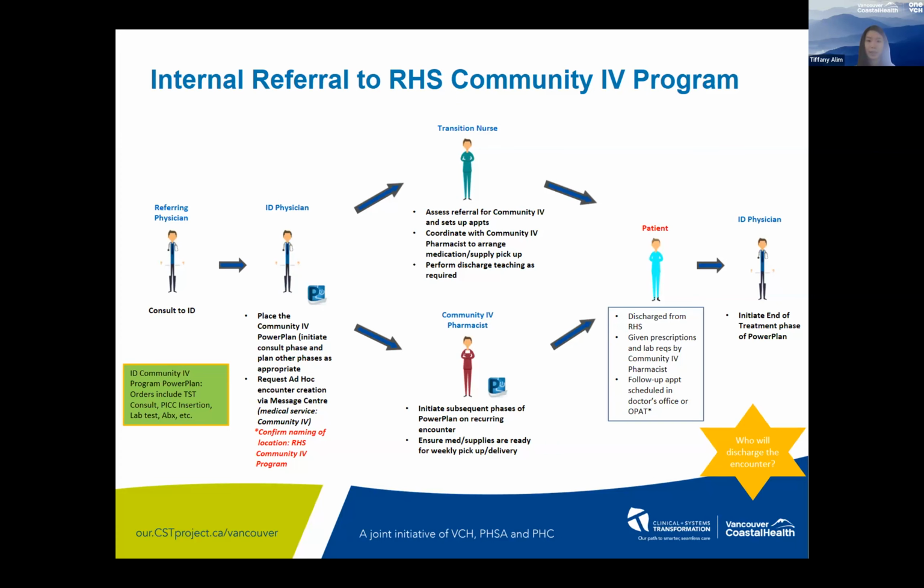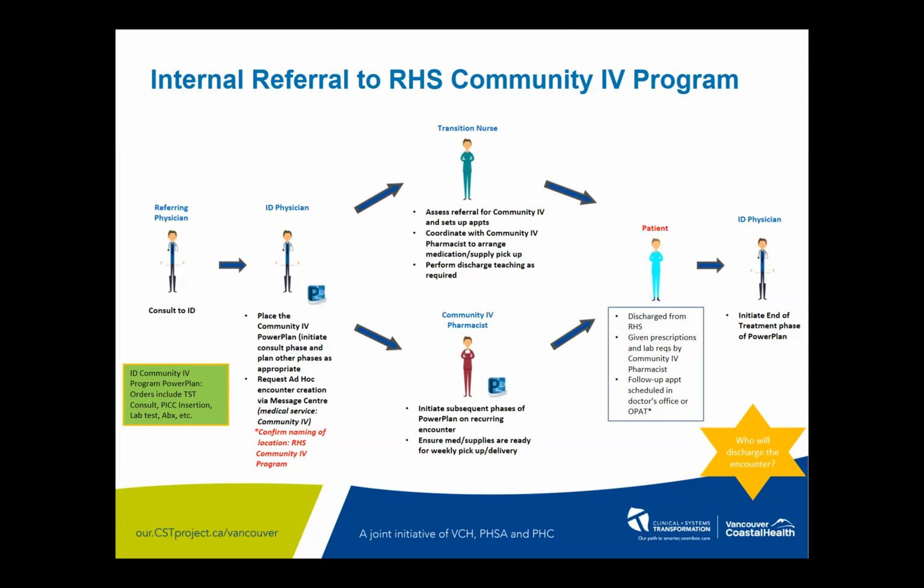Something that's still outstanding as of now is who will be the one to discharge the encounter in the system. At other sites, it's usually the unit clerk who does this, but again, Richmond doesn't have a dedicated UC for the community IV program to do this. I'm wondering, in the current state, is it normally the provider who determines that the patient is no longer part of the program, or is that responsibility shared with the pharmacist?